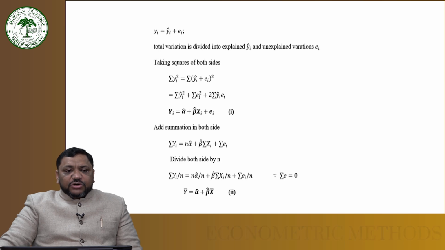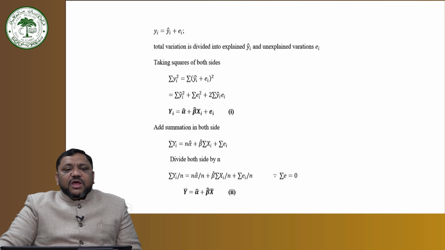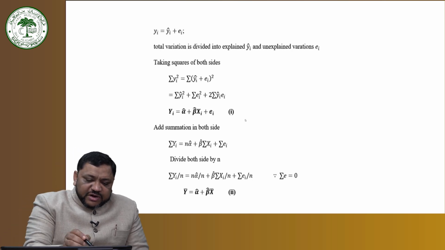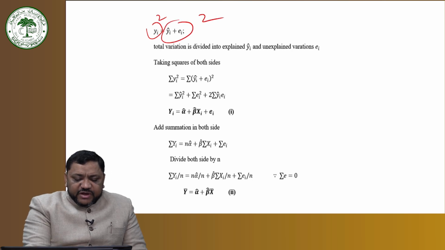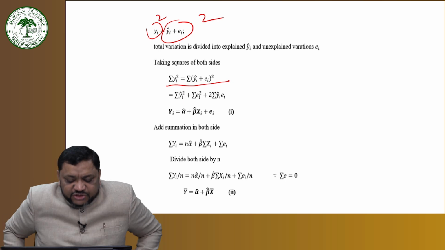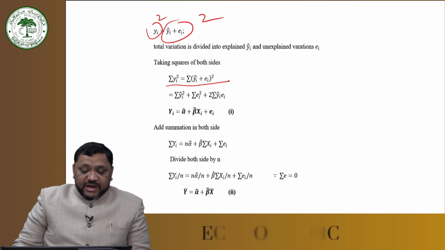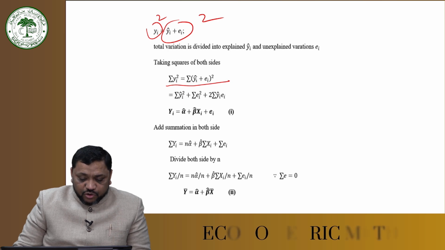Now this total variation is divided into explained and unexplained variation. Taking squares of both sides, we get summation small yi square is equal to summation of small y hat plus e, whole square.